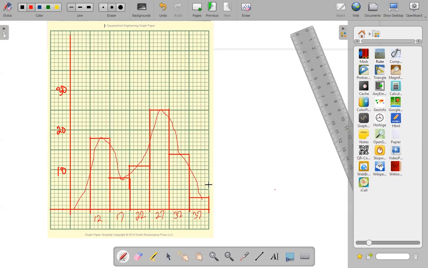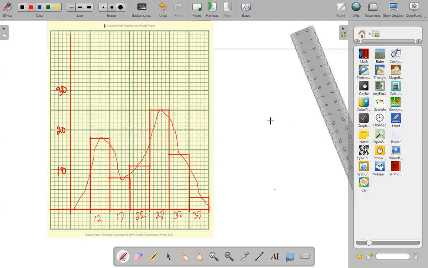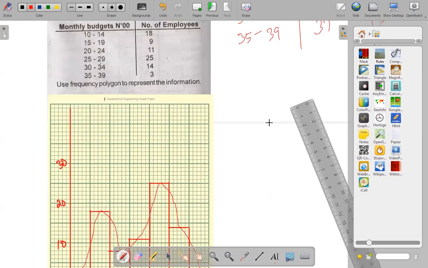This is a frequency curve for this distribution. You can see the difference. This one is curved, although my curve is not smooth enough, but you have the idea. In the frequency polygon we have sharp or straight lines. For the frequency curve we have a smooth curve.